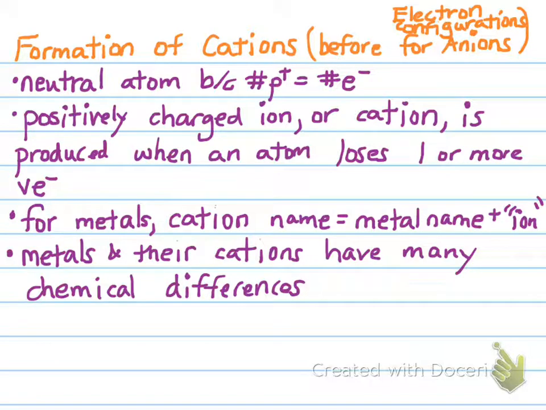What I mean by that is a neutral metal atom and the cation that it forms do not react the same way chemically. They act different chemically. So we're going to take a look at the group 1A cations.